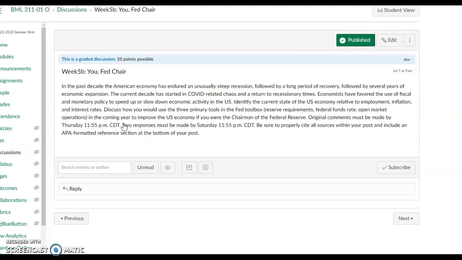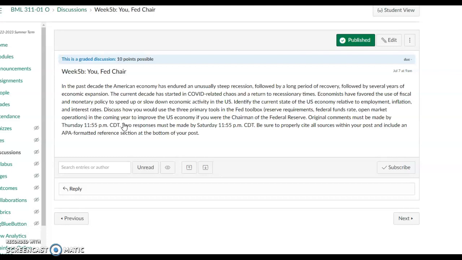The past decade, the economy here in the United States has endured an unusually steep recession, followed by a long period of recovery, followed by several years of economic expansion. The current decade has started in, and as we know, this has actually occurred, going back to 2020, COVID-related chaos and return to recessionary times.